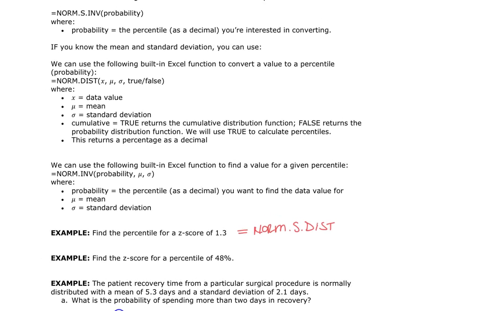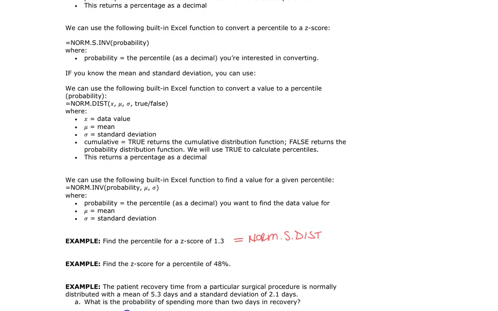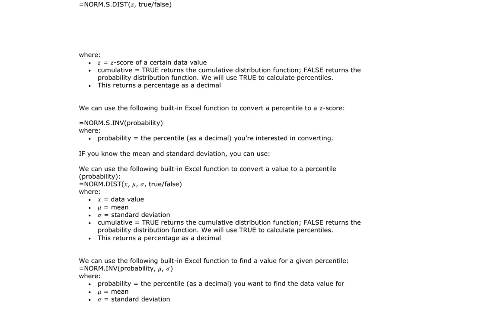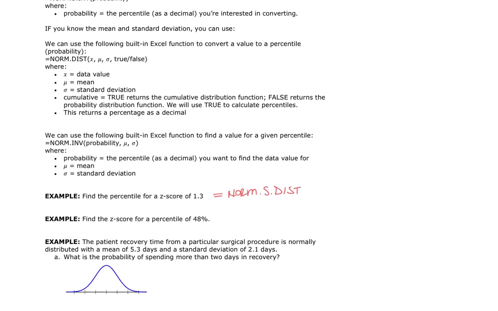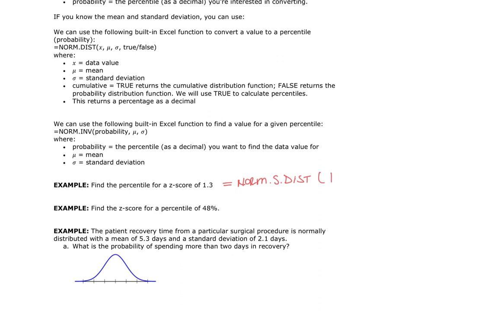It's not given to me, so I'm assuming it has to be a standard normal distribution. Now it says that I'm going to then put in my z-score. Well, my z-score is 1.3, and then I'm going to put in true. And what should come out is 0.9032.